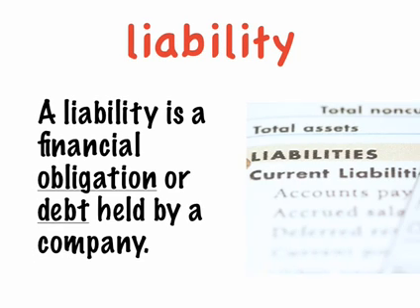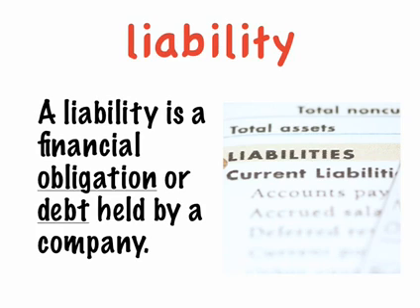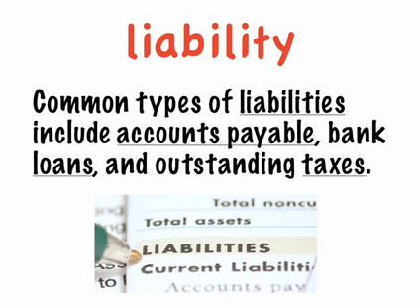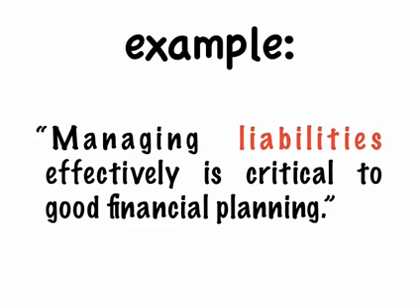Liability. A liability is a financial obligation or debt held by a company. Some of the more common types of liabilities include accounts payable, bank loans, and outstanding taxes. Managing liabilities effectively is critical to good financial planning.